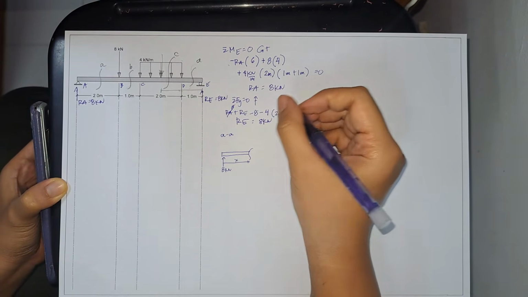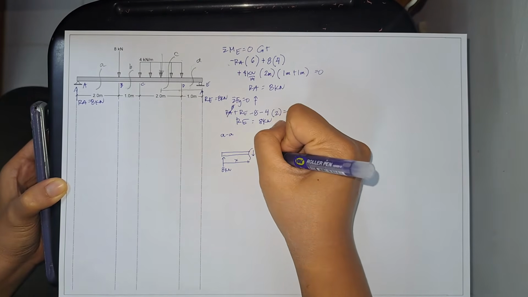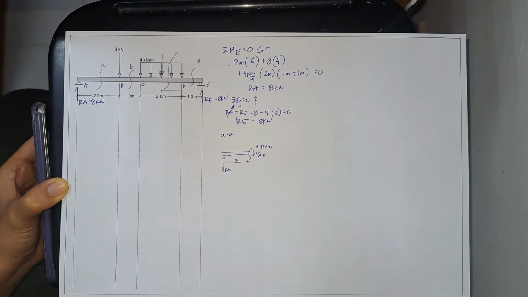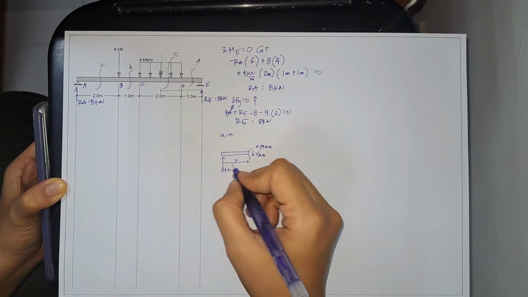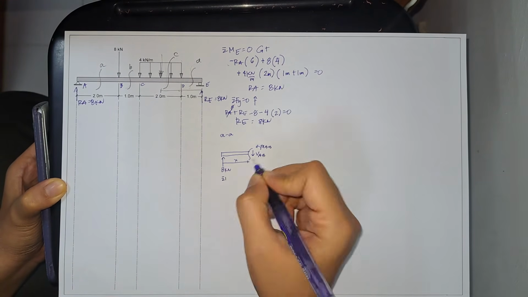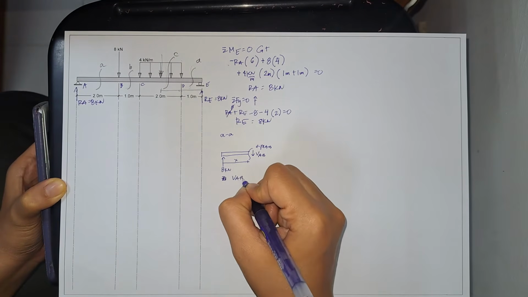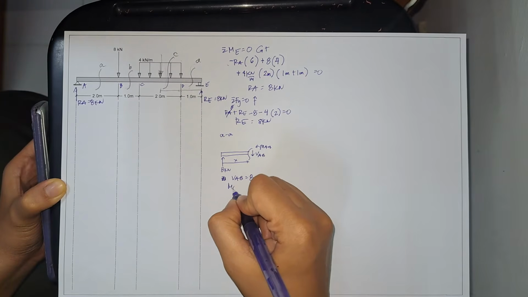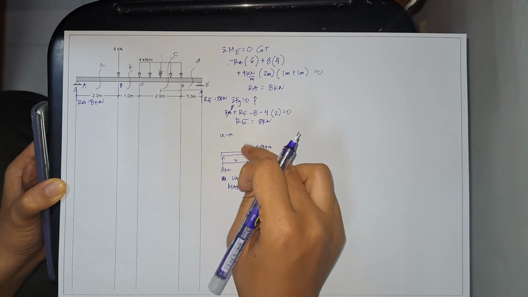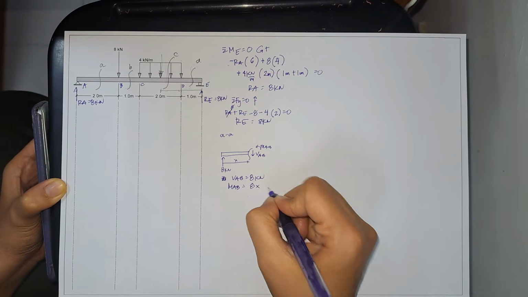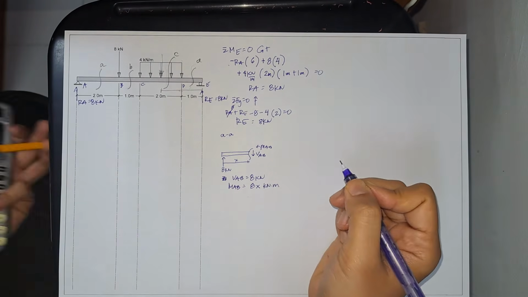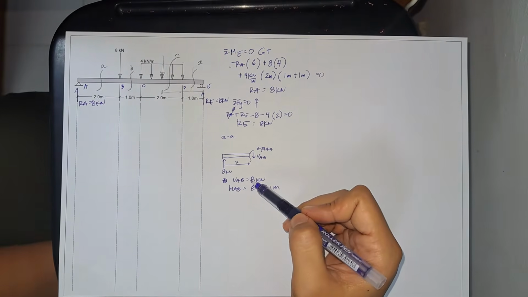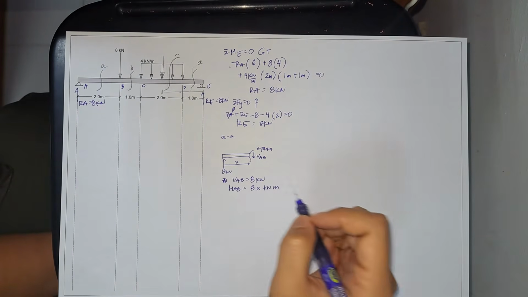Tapos, meron po tayo ditong shear at segment AB, and then of course yung moment at AB. Okay. Shear at AB is equal to 8 kilonewton. And then for moment at AB, take the moment here, 8x kilonewton-meter. Okay? So ito na po yung shear and moment equation for segment AB.